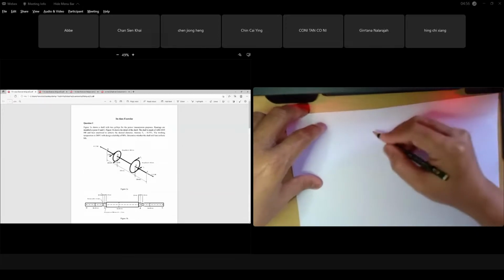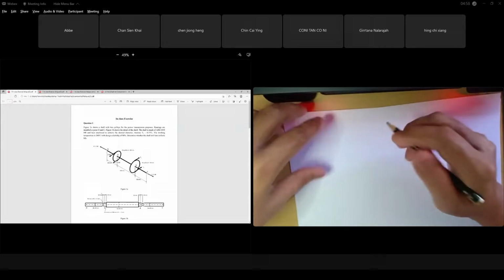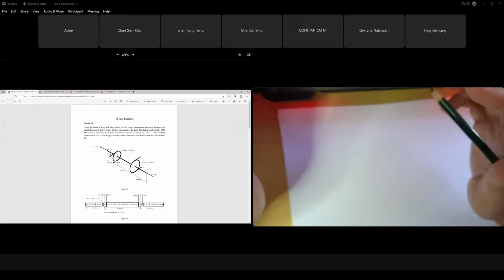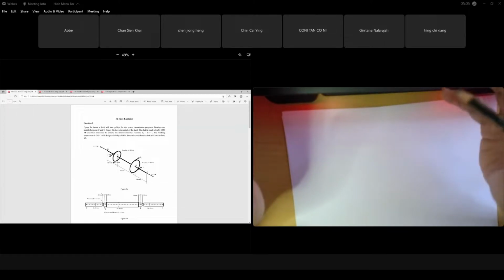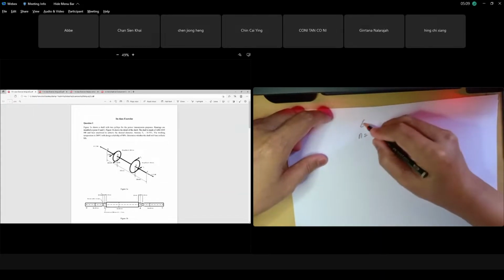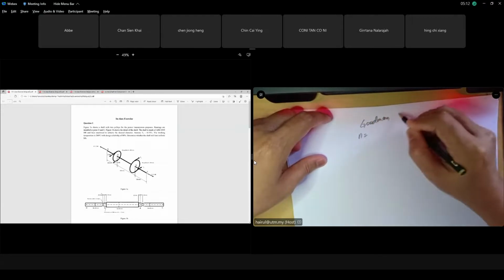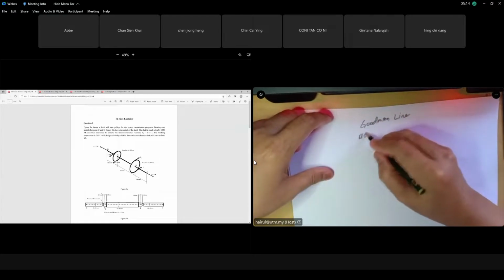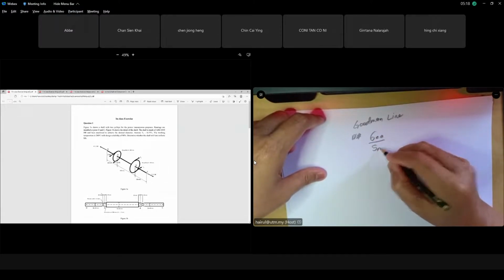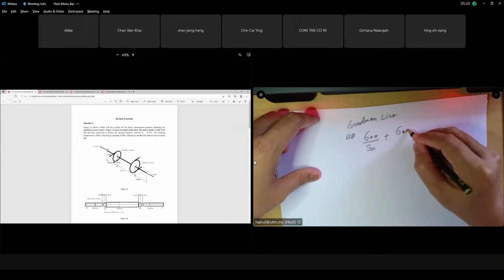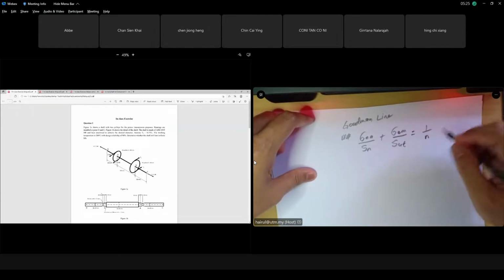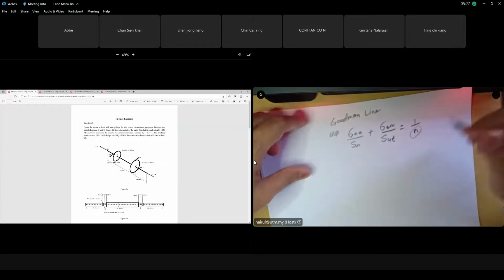For the endurance in fatigue analysis, we know the basic equation. Normally in a fatigue assignment or exam test question, you need to find the safety factor. Based on Goodman, the Goodman line: sigma_a, the amplitude, over S_n, the endurance limit, plus sigma_m over S_ut equals 1 over the safety factor. So then you can get your safety factor.